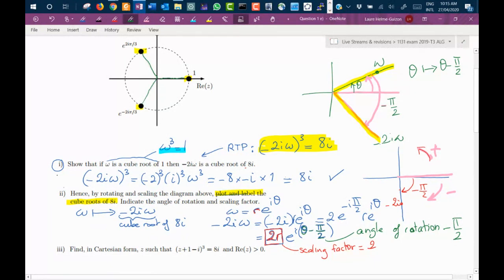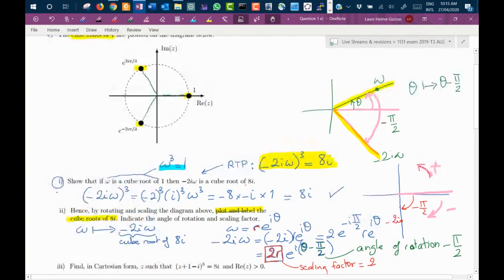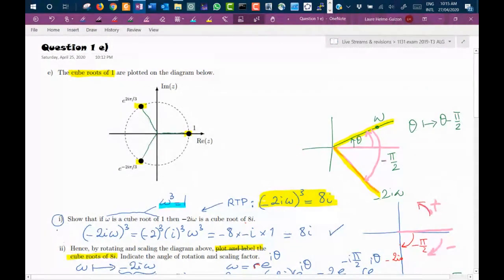So I'm going to use this to draw the cube roots of 8i on the new drawing. It tells me I need to multiply all the distances by 2, right? So for example, this first root was 1 unit away from the origin.